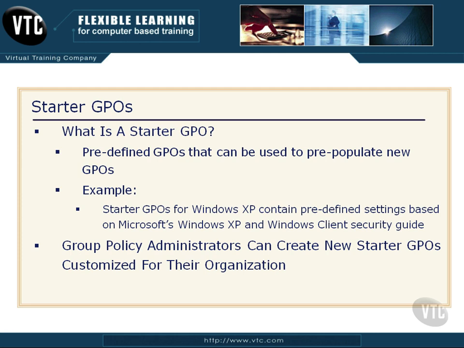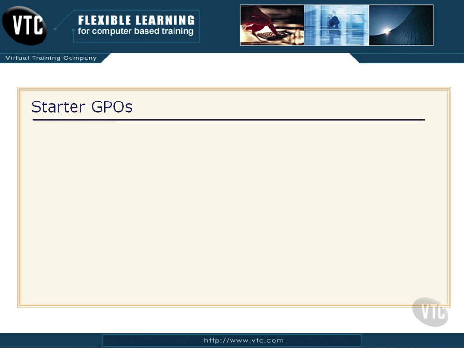Now, group policy administrators can create new Starter GPOs customized for your organization, tweak those, save them out there, and then future GPOs that they create can be based on those Starter GPOs that they created.